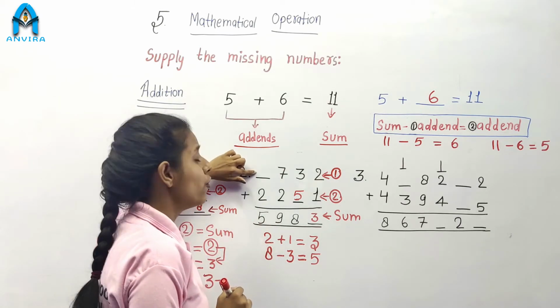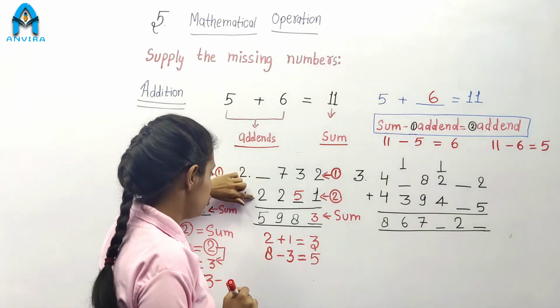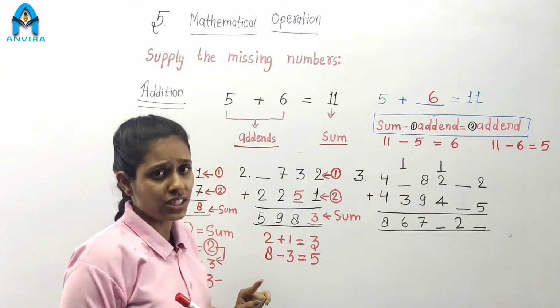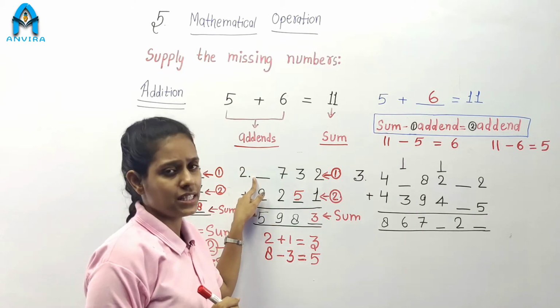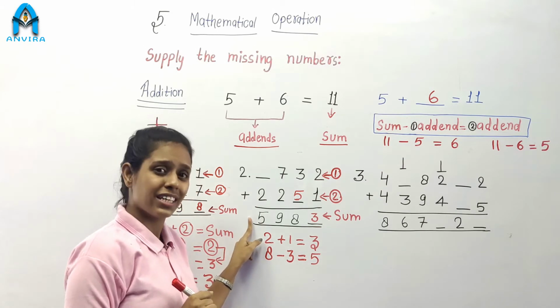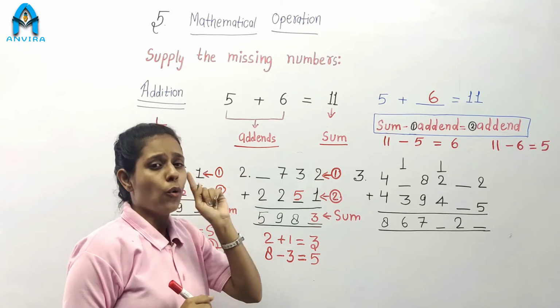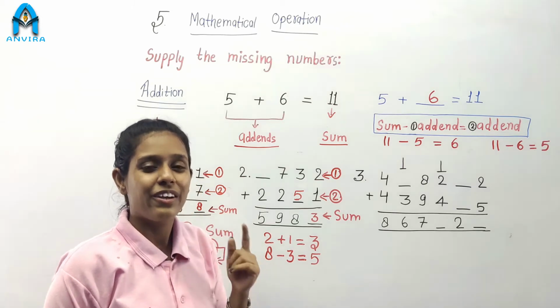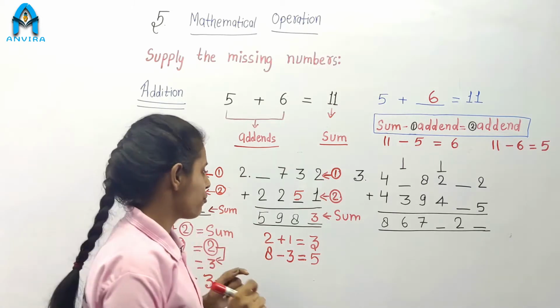In this, blank 2, 5. In this, first addend is missing. Second addend is given and the sum is given. If one addend is missing, what do we have to do? We have to subtract.